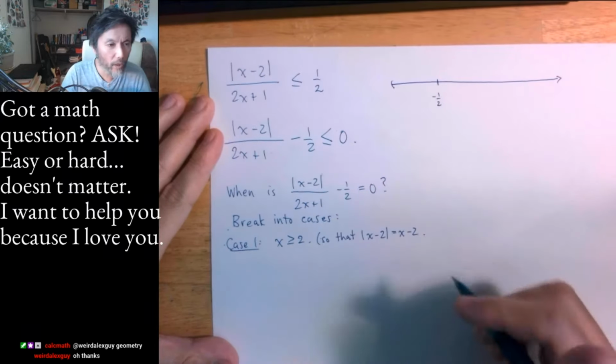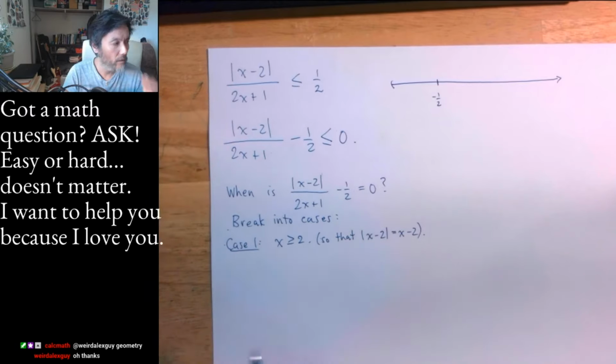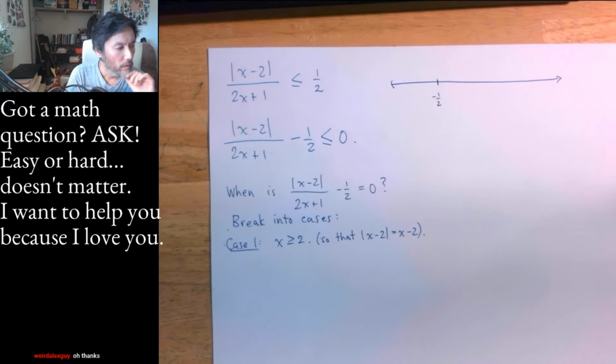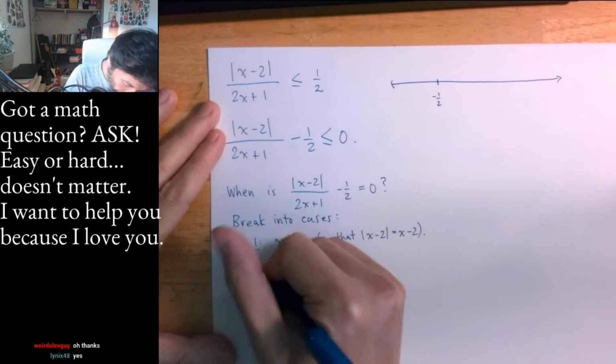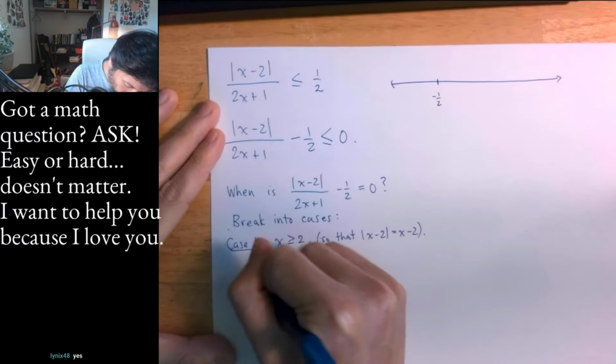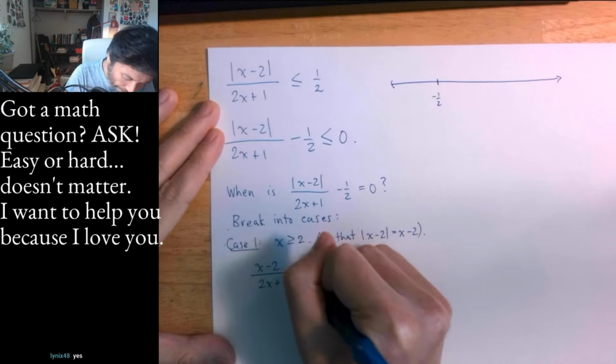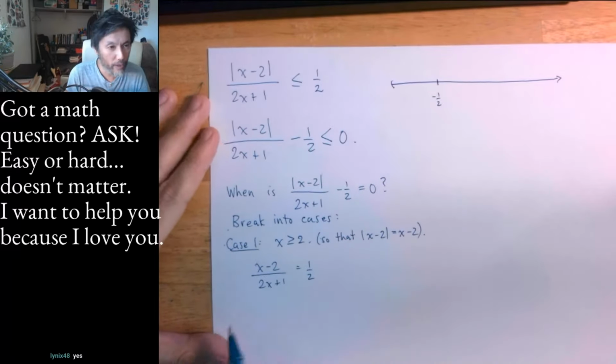Does that make sense so far, Linux? So now we have x minus 2 over 2x plus 1 is equal to 1/2. And we can solve this equation.